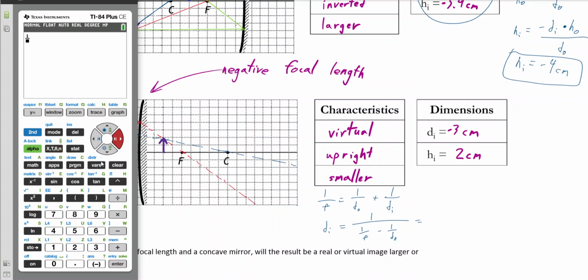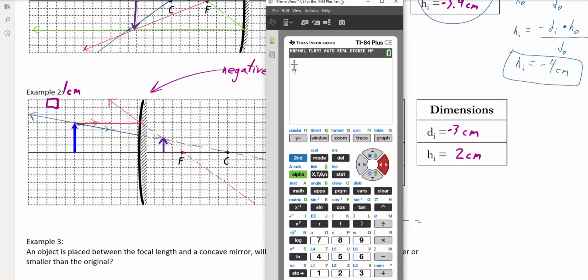So now we can go ahead and try this in our calculator. So 1 at the top, 1 over the focal length, which is hard to see, but I think it's going from there. So 1, 2, 3, 4, 5.